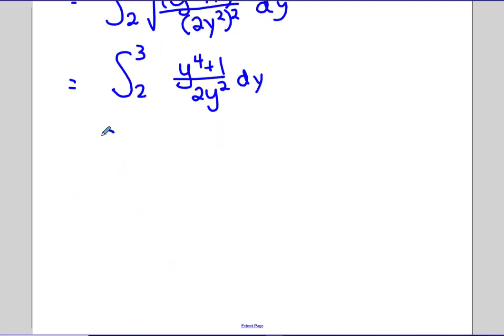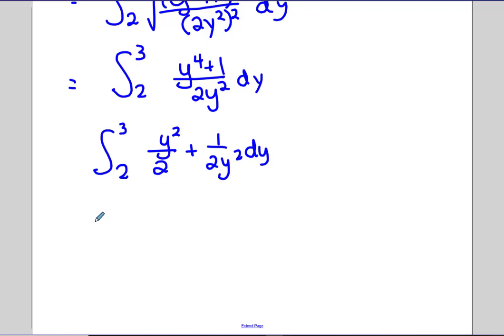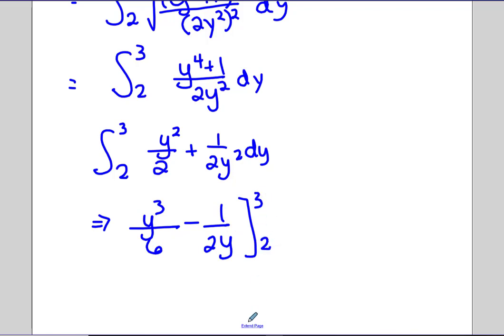And to integrate that, you would have, let's see, what's this? y squared divided by 2 plus 1/2 y to the negative 2 dy, which becomes y cubed over 6 minus 1 over 2y, evaluated from 2 to 3.